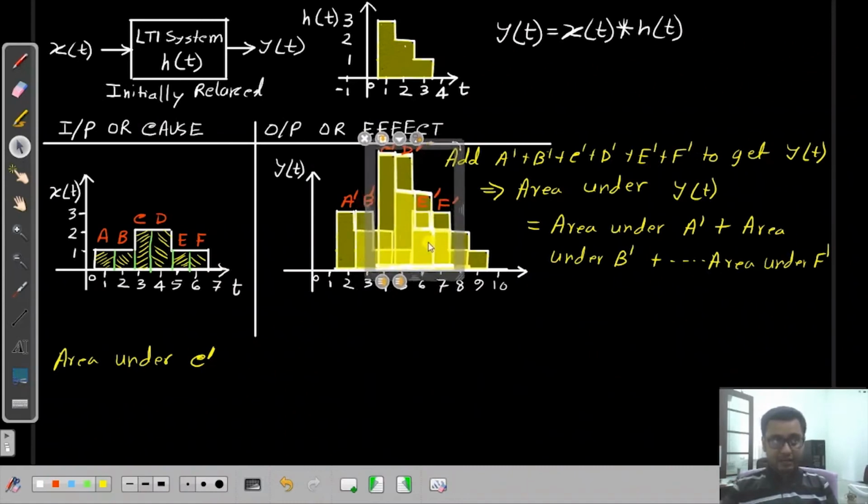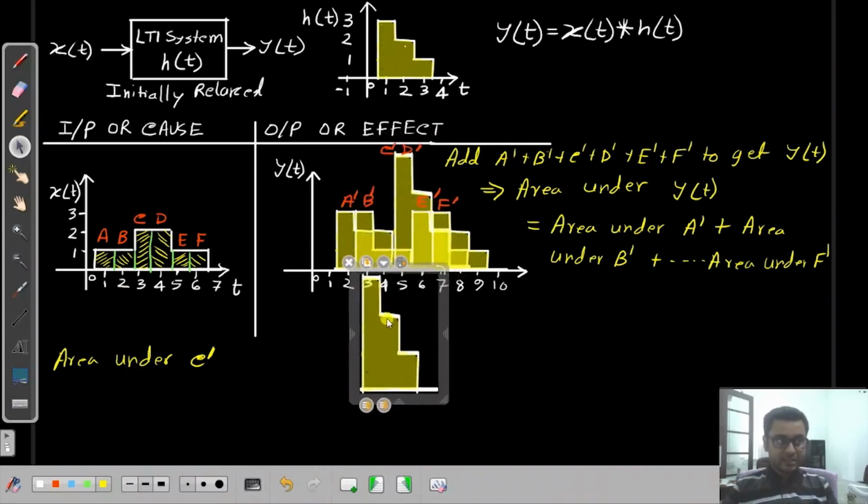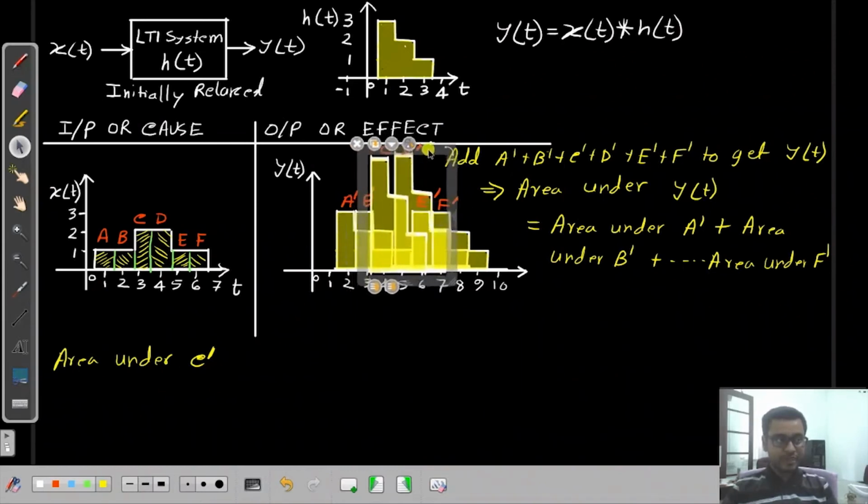This area is the area of h multiplied by the strength of this impulse. In this case this is 2 units, so we multiplied this h by a factor of 2 to get this output.